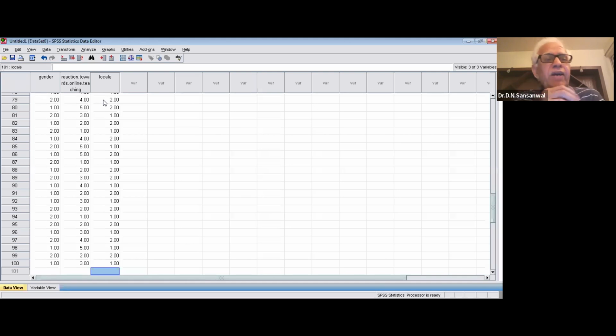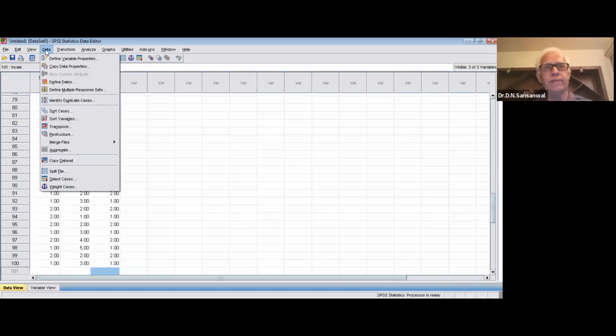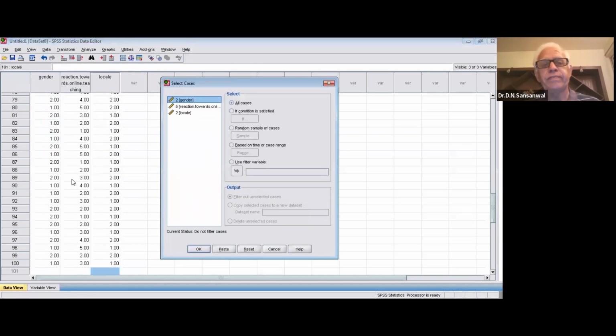Now, since I want to study the association between gender and reaction towards online program of urban and rural area, I go to the data and then select cases. So I highlight if condition is satisfied.